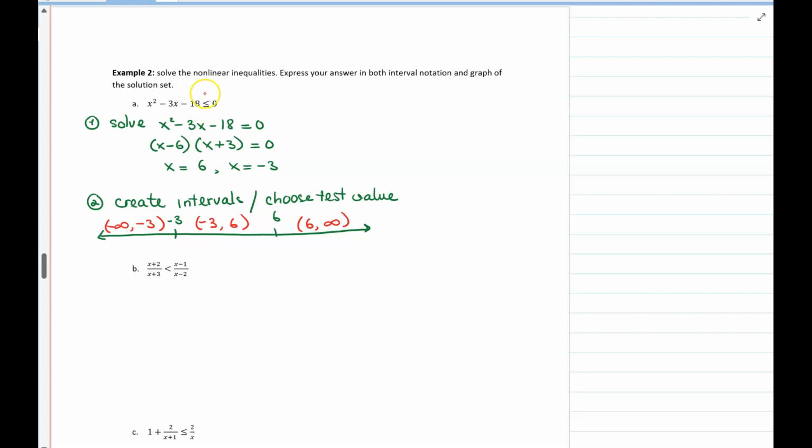Note that here we have a less than or equal, so for each of these intervals we want to include the endpoints. So let's choose a test value in each of these intervals: x equal to negative 4, x equal to 0, and x equal to 7.